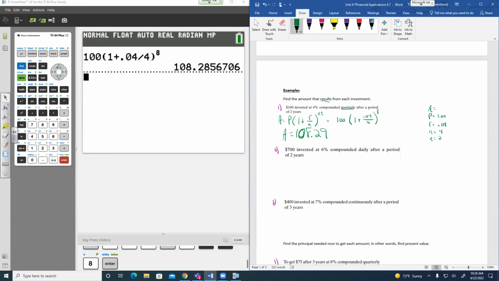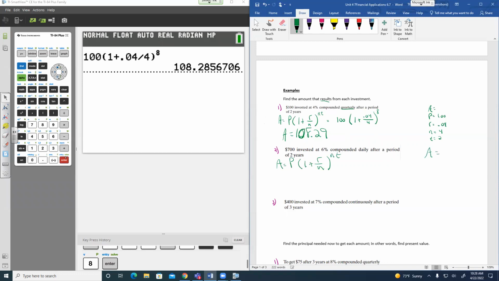If we look at this next one, I have $700 invested at 6% compounded daily after a period of 2 years. Again, we're looking for the final amount. $700 is our initial investment, so that's our present value or our principal. Again, the formula is A equals P times 1 plus r over n to the nt. It's a good idea to identify what we have.